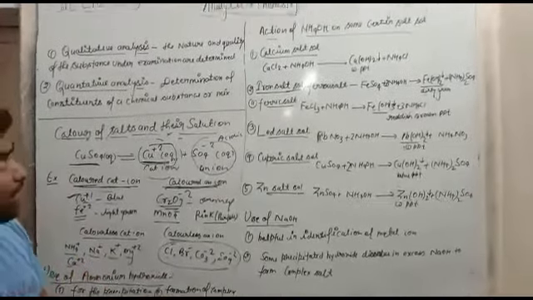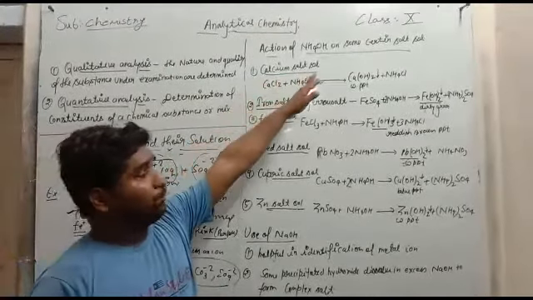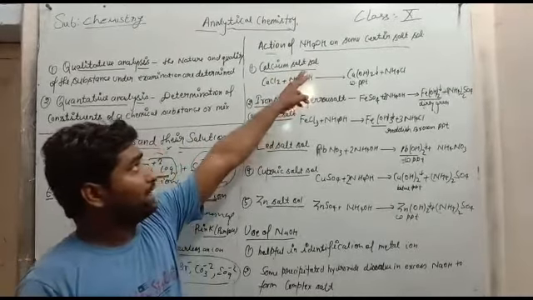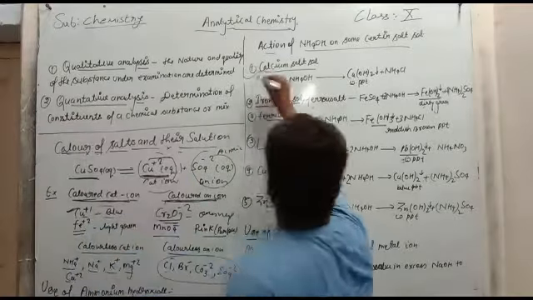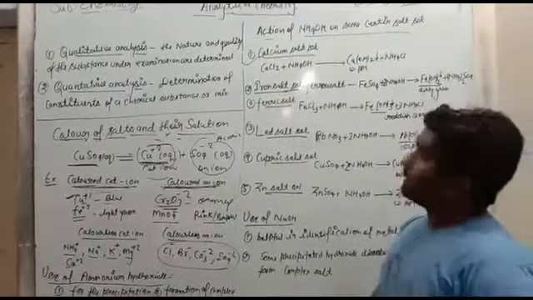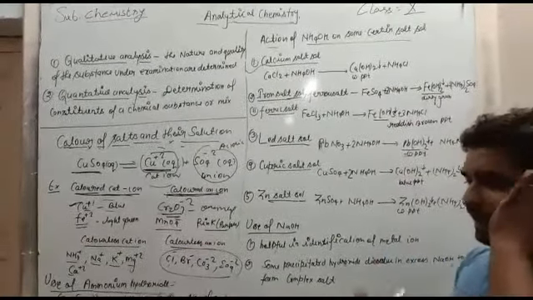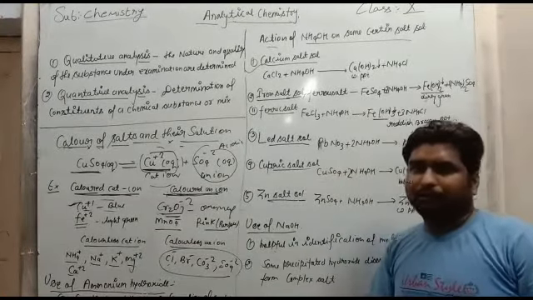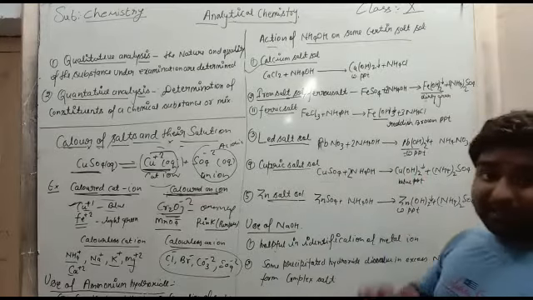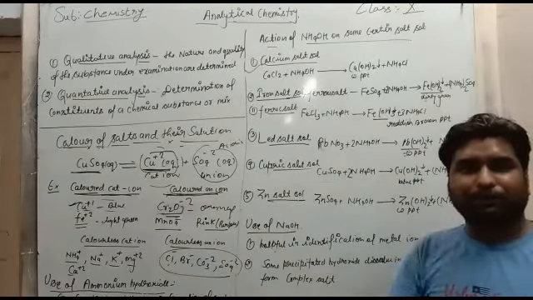Now the action of NH4OH, that means ammonium hydroxide, on certain salts. The first salt is calcium salt. When the calcium salt reacts with ammonium hydroxide, we get a precipitate, and the color of this precipitate is white.